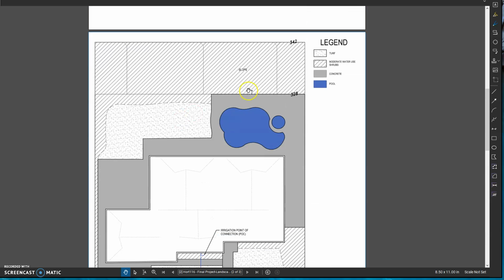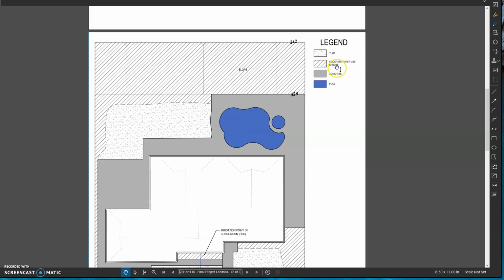You don't need to tell me, this is not a planting class. This isn't horticulture per se. So when I call this moderate water use shrubs, I don't care what shrubs, this isn't a planting plan project. So you're not telling me that these are roses or succulents or anything else.